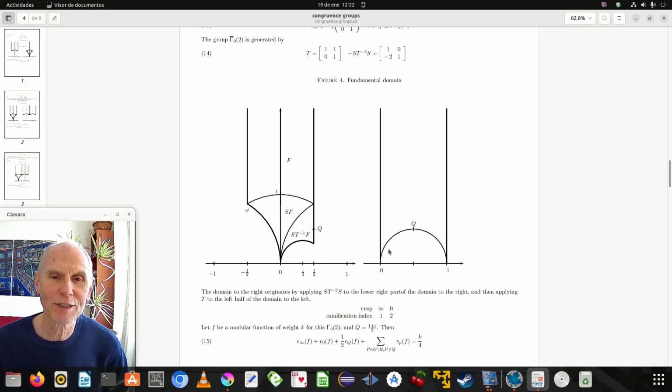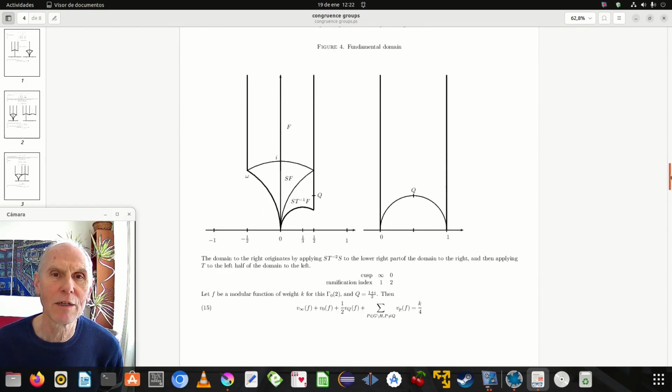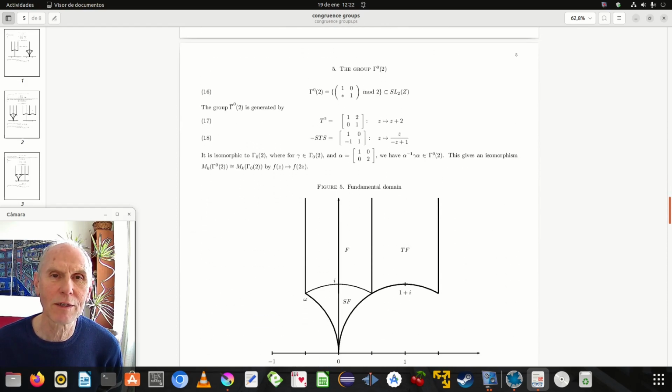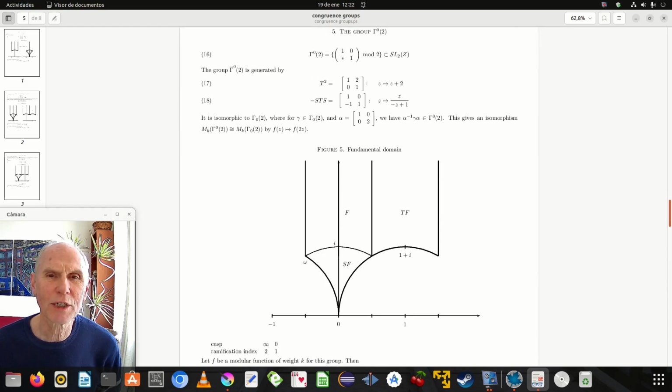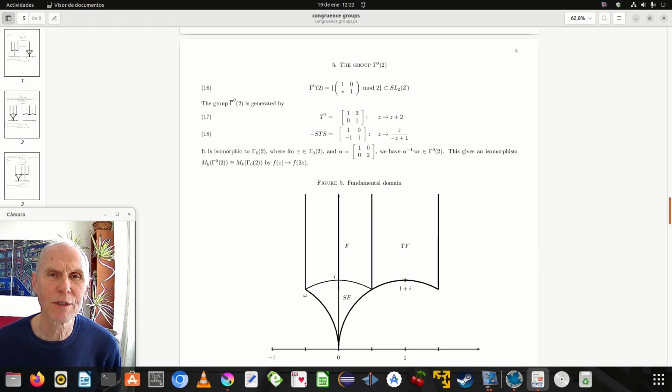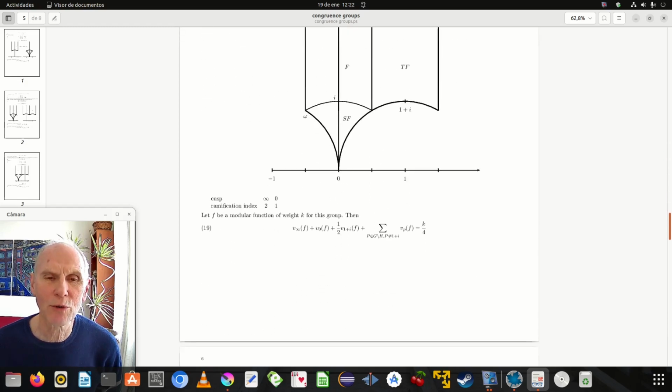We go from here to here, and there's a cusp at 0, and then Q gets a factor 1/2. And then this one is not so interesting because it's isomorphic to gamma naught.